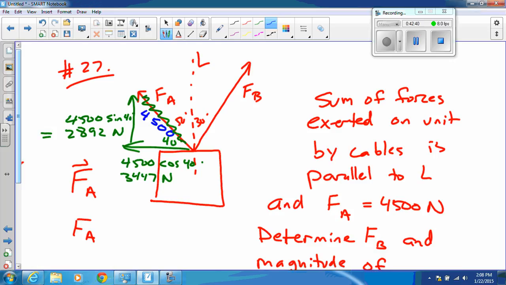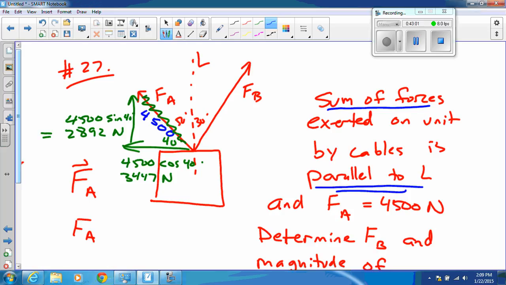What word in the stem of the question refers to adding? Yeah, that's right. So we're told something about the adding of them together. When we add them together, we're told that the sum of forces exerted on you is parallel to line L.